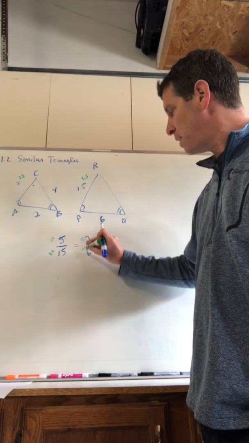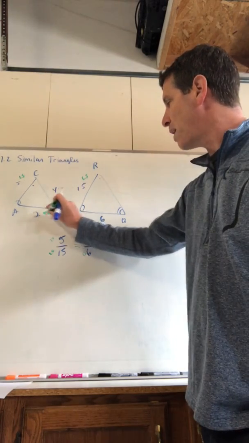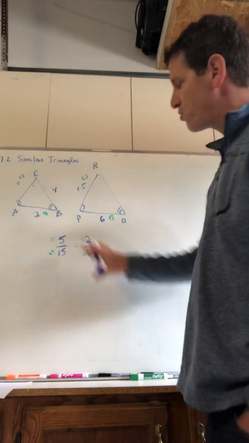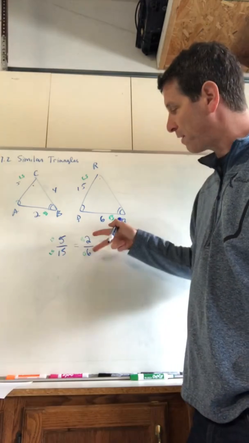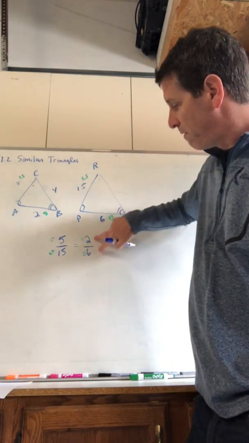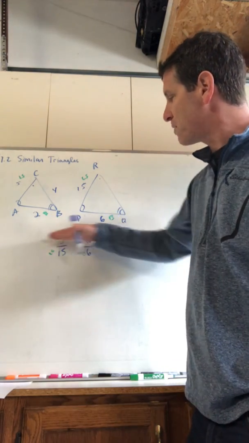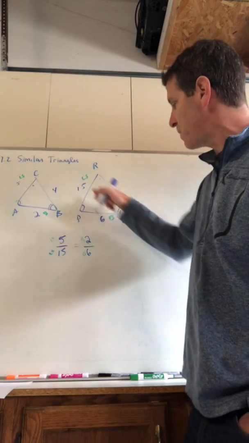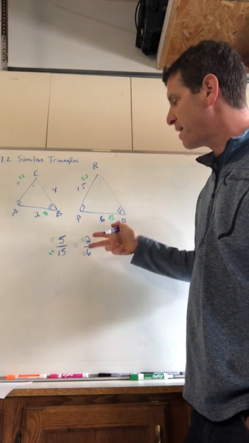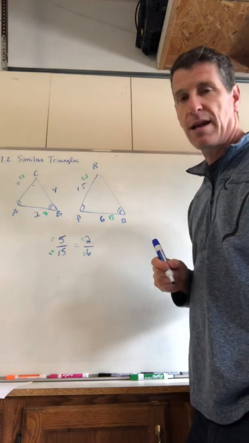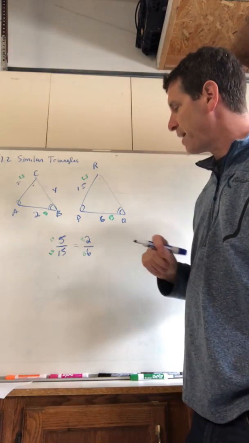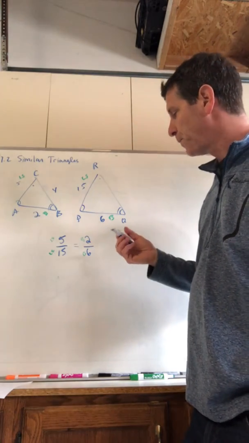So that is the bottom to the bottom. I'm doing this to point out that we have to make sure all these numbers are in the correct spot, that we don't accidentally flip these two. You can see along the top here, my 5 and 2 come from the first triangle, my 15 and 6 are from the second triangle. I don't want to mix that up and have first triangle, second triangle type of information. So everything has to be in the right spot.